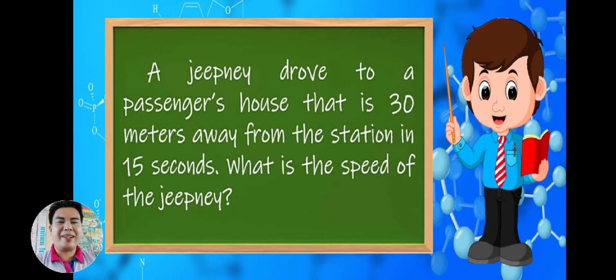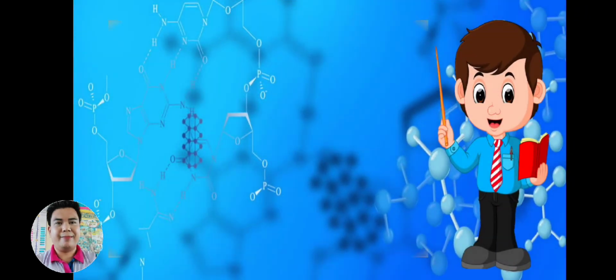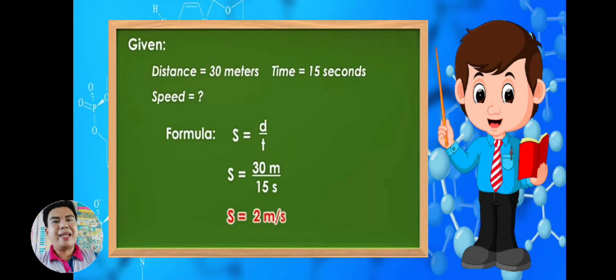Let us find out the correct answer by using the correct formula. The given distance is equal to 30 meters and the given time is 15 seconds. What is the speed? The formula that we are going to use is S equals D over T. S is the speed, D is the distance, T is the time.